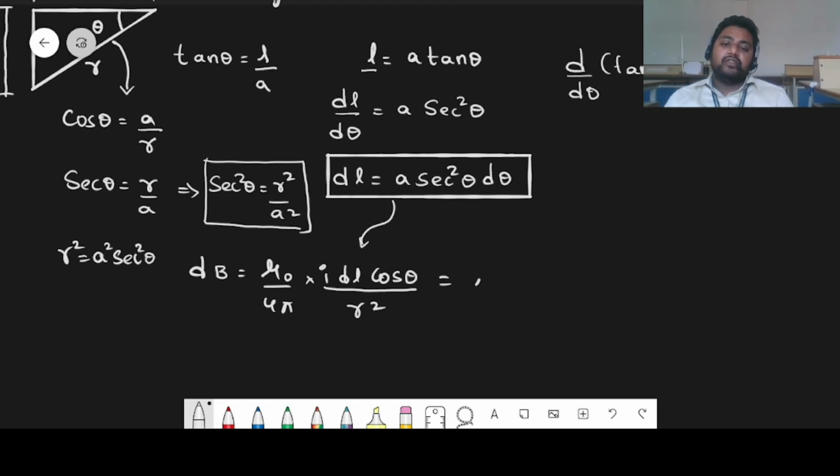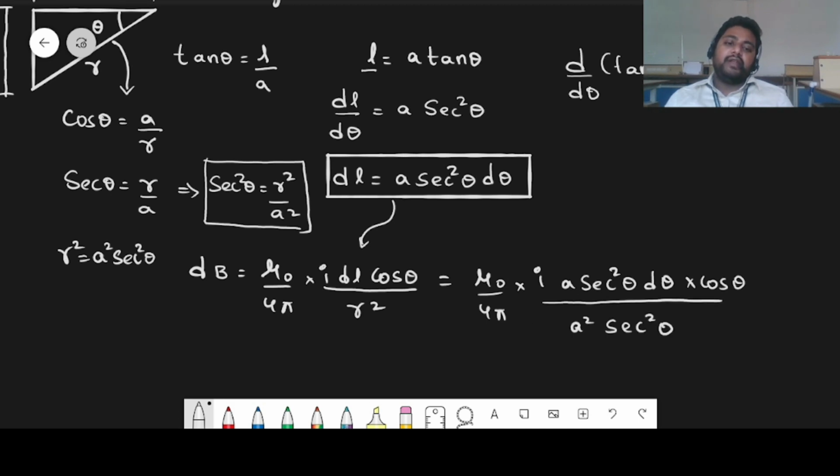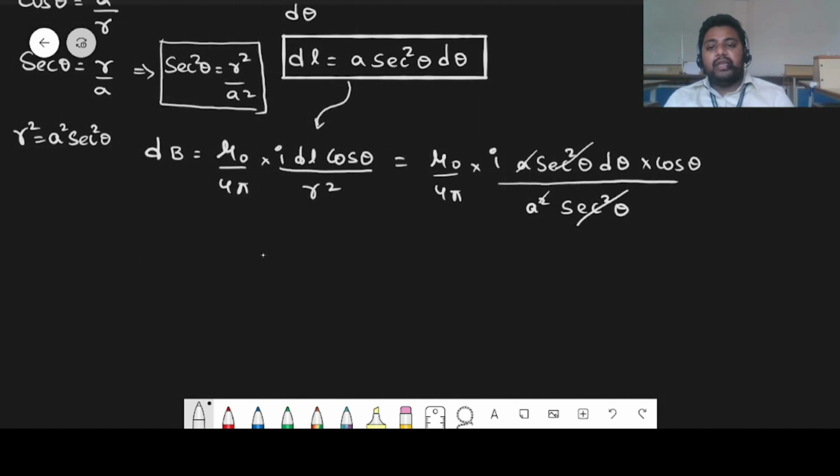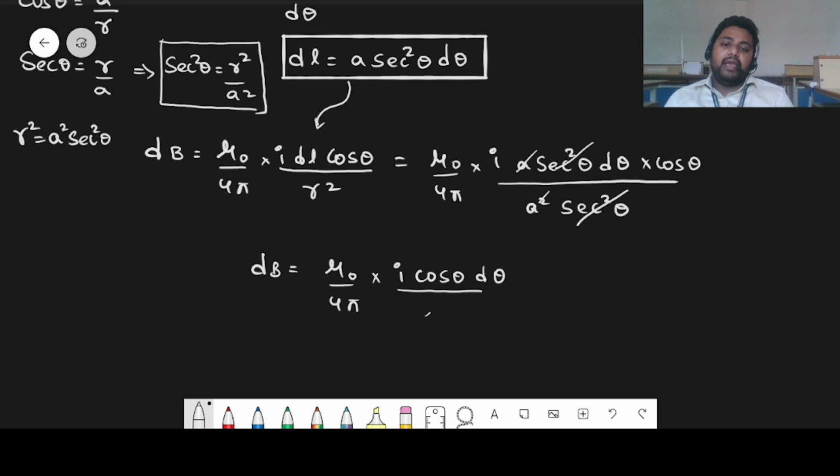Substituting both, mu naught by 4 pi into I, in place of dl, A secant square theta d theta, into cos theta, divided by A square secant square theta. So these two secant squares get cancelled, and an A is getting cancelled. The final value that we are getting is dB equal to mu naught by 4 pi into I cos theta d theta divided by A.